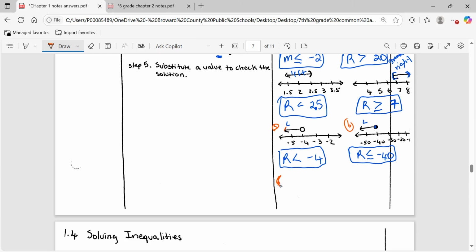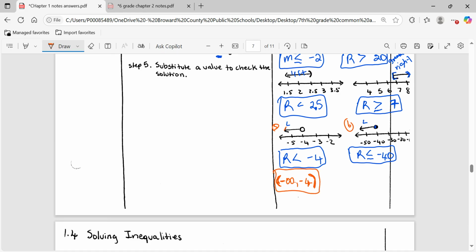We're going to have a parenthesis to show that it's coming from there. And it's coming from the negative side. So it's coming from negative infinity up until we get to -4. And when we get to -4, it's an open circle. So it's going to be a parenthesis. So the notation, all the numbers in this set would include every number from negative infinity to -4. And that's how you would notate it.